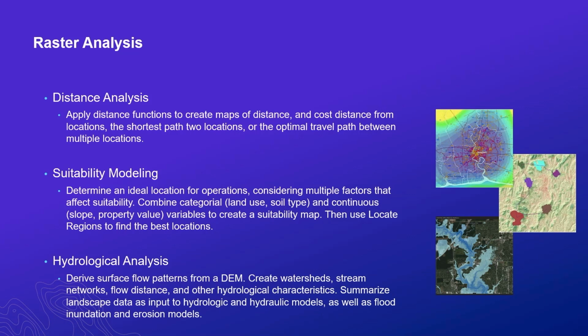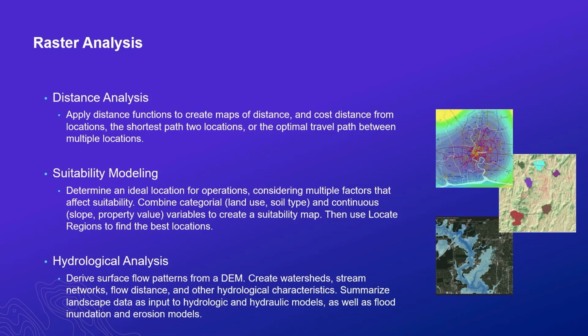Depending on your problem, you may look at different kinds of variables to combine together to create a suitability map. And once you have that, you use locate region to find the best location that meets all your criteria, the size and shape and everything, to find the best location for your work.